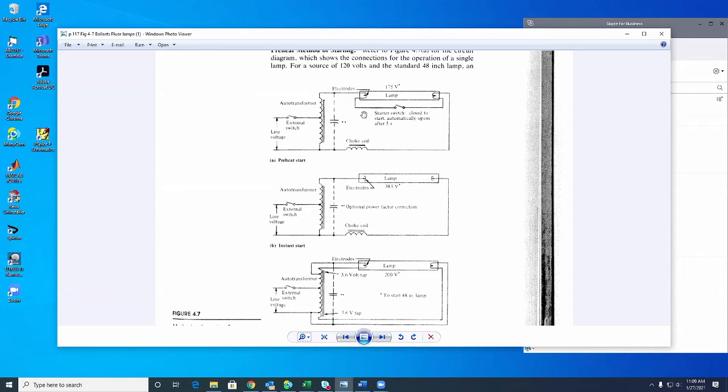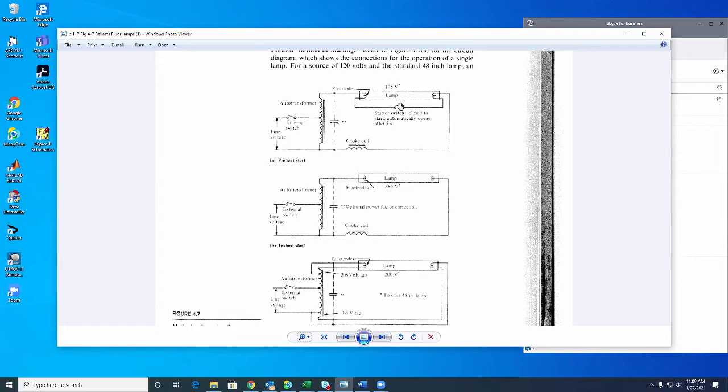So that emission of electrons is going to help the breakdown to have the discharge. Look, in the middle, the instant start, there are no 2 pins, so there is no emission of electrons. So here, the discharge is produced by brute force. Such a strong voltage there that it breaks down, electrically breaking down. That's what I mean, producing the discharge.